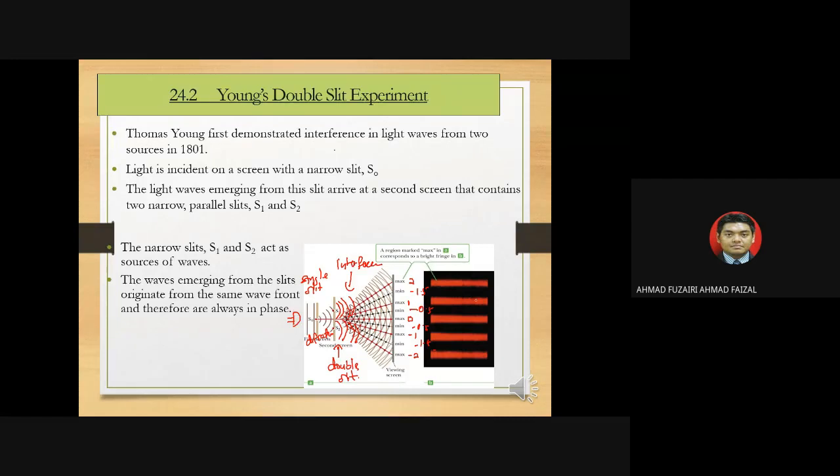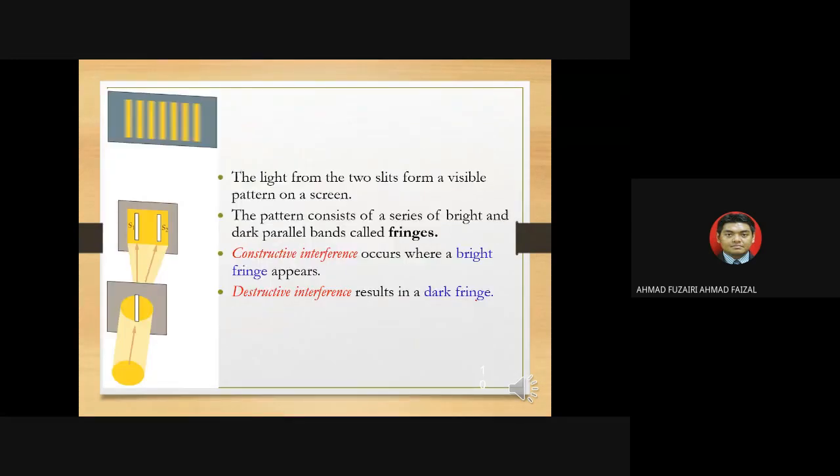Okay, so need to understand this part. Okay, all right. So this is incoming light that is considered to be monochromatic. Use the word monochromatic, and then it will be diffracted, okay, and then encounters a double slit.